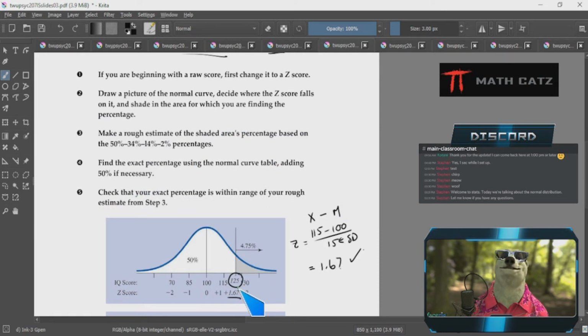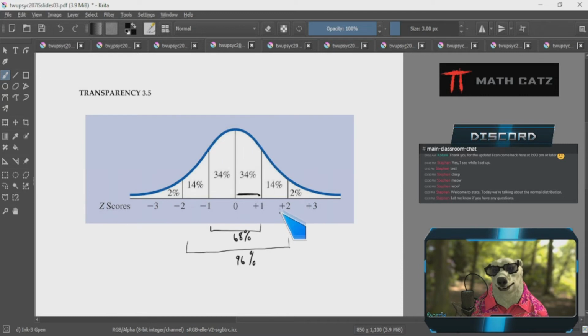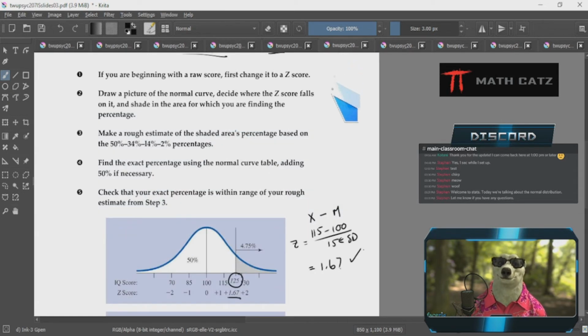Well, this sits a little below 2 standard deviation steps. 2 standard deviation steps and beyond would be 2%. I'm somewhere in the middle over here. I know it's not perfectly the middle, but maybe I get 4% to the right, and maybe I'm around 6%. That's my guess. It could be way off, but I just want to be in the area of the answer. So I'm guessing maybe 6%. Just getting an idea.